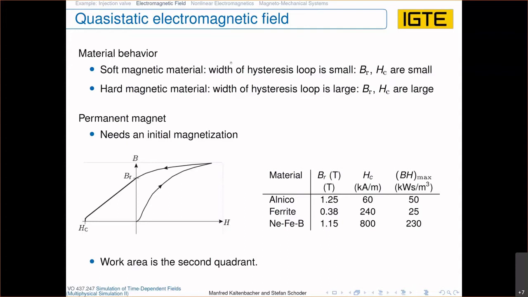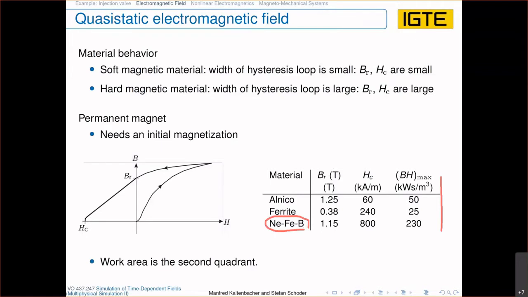You see here on the left some values of different materials used in practice, and as you can see, this is one of the best materials we currently have, a neodymium material with iron and boron.